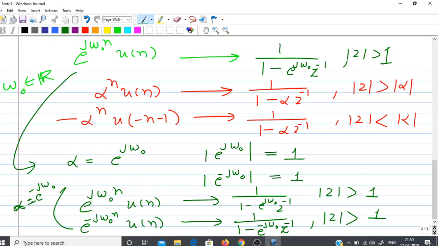So these are the Z transforms of these two sequences. Now using these Z transforms and using the linearity property of the Z transform, can we find the Z transform of some other important sequences? So let us take this sequence: x[n] equals cos omega naught n u[n].